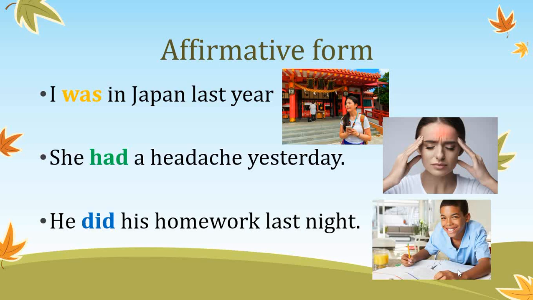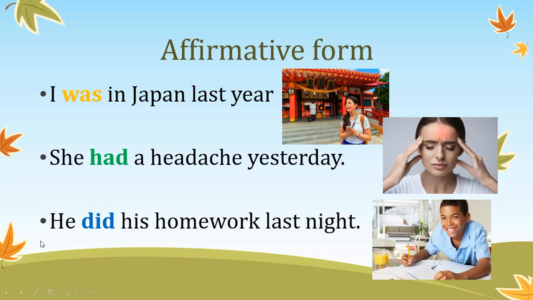Here we have some examples. I was in Japan last year. Here we are using the verb to be with the subject I. With the verb to have, we had. She had a headache yesterday.